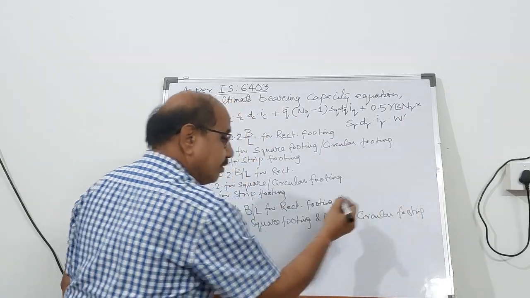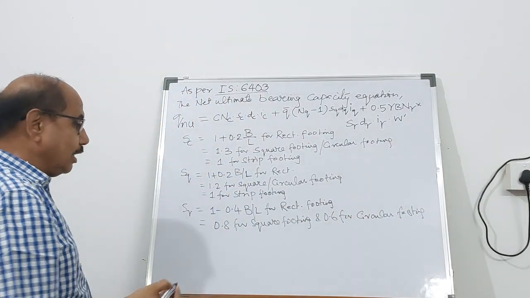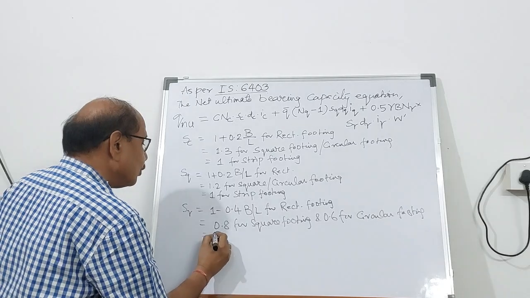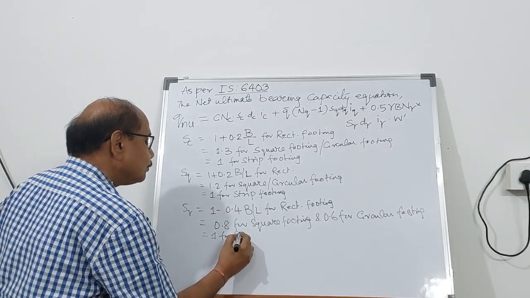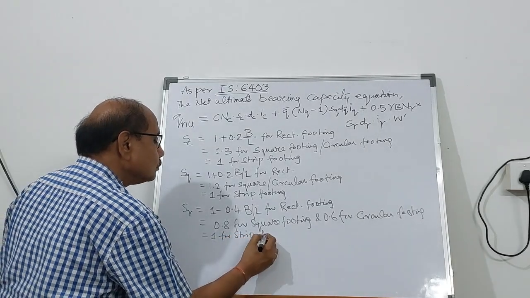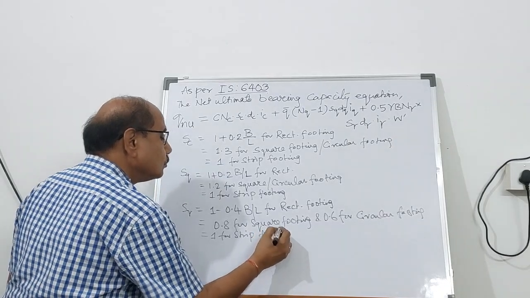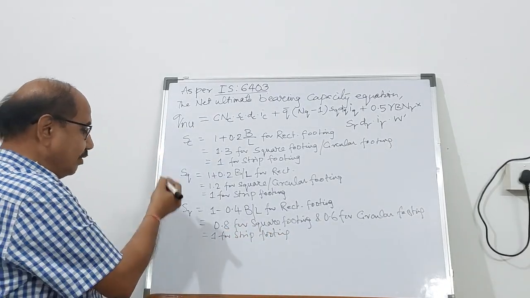So easily you can remember it, right? And 1 for a strip footing. It can be remembered very easily.